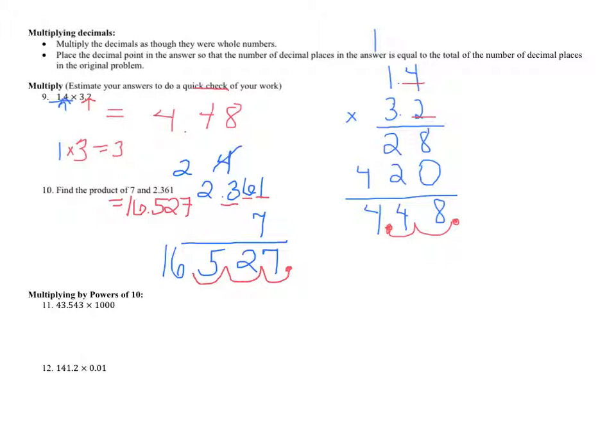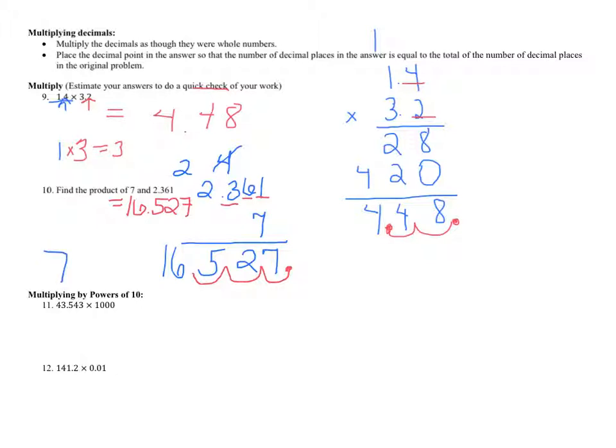Now, as a good approximation or check to this answer, I'm going to round each number in the original problem to the nearest whole digit, and then I will approximate by multiplying. So the 7 in the original problem is closest to the whole number 7. I don't need to round that.